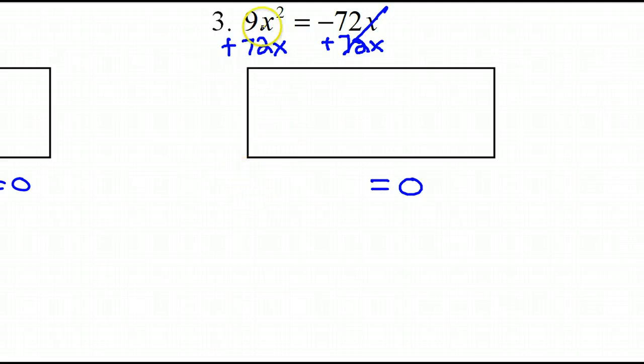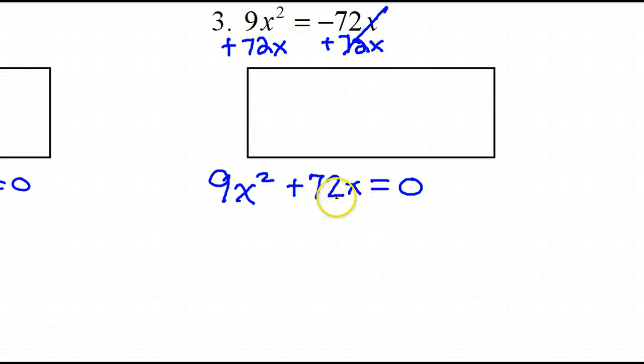Over here I can't really put these together, so I just write 9x squared plus 72x. Now I'm going to look for a GCF to factor out. And I see that 9 goes into 72, and so does x.